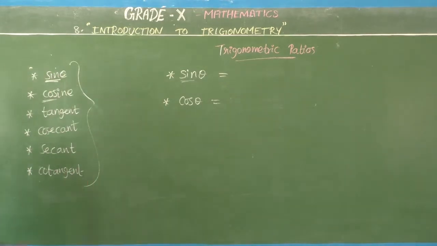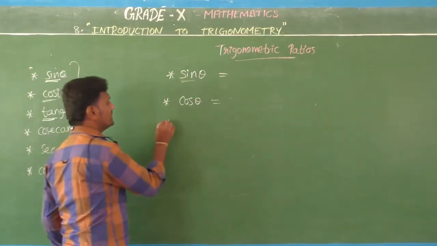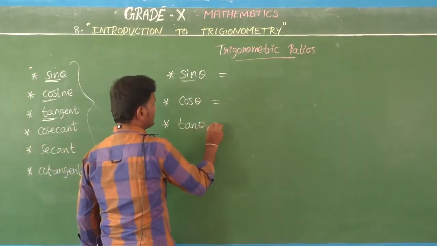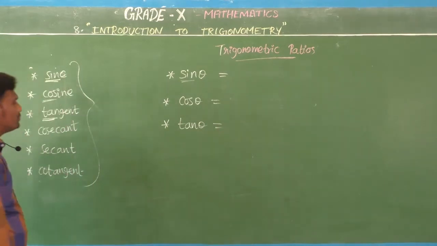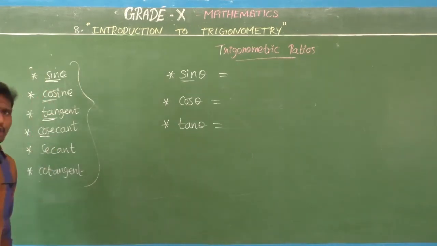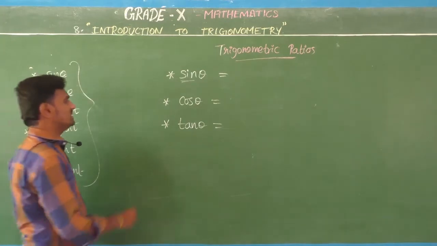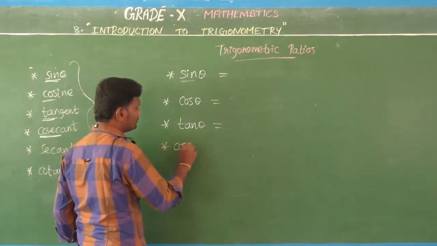Then the third one is also tangent. So we take the first 3 letters, that is tan theta. Then cosecant. If we take the first 3 letters, it is already used for the cosine angle, cos theta. So don't take the first 3 letters. Instead I take 5 letters, that is cosecant theta.